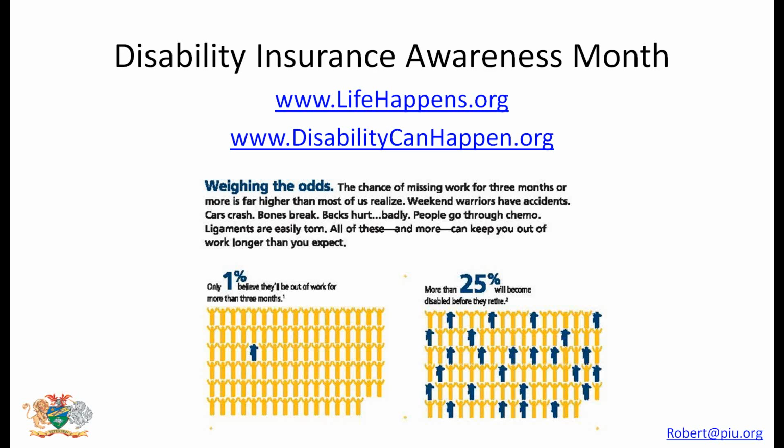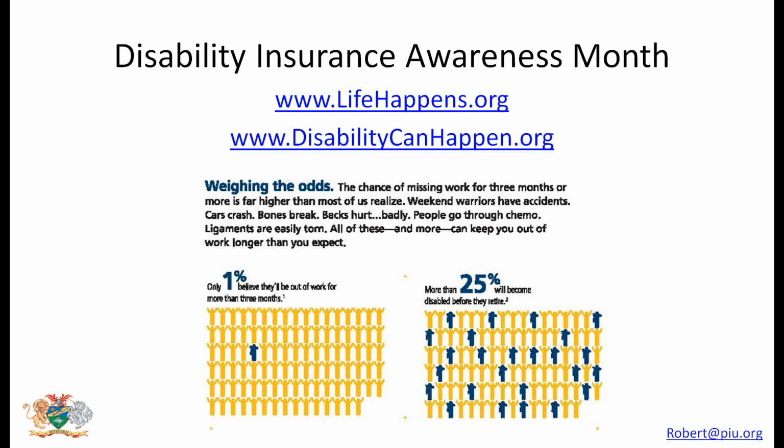Both of these sites do a phenomenal job of providing you, the insurance advisor, with hundreds of marketing materials, life stories, emailable content, printable flyers, anything you need to make disability insurance a part of the discussion for your client, as well as a number of social media tools that you can just copy and paste onto your platforms.